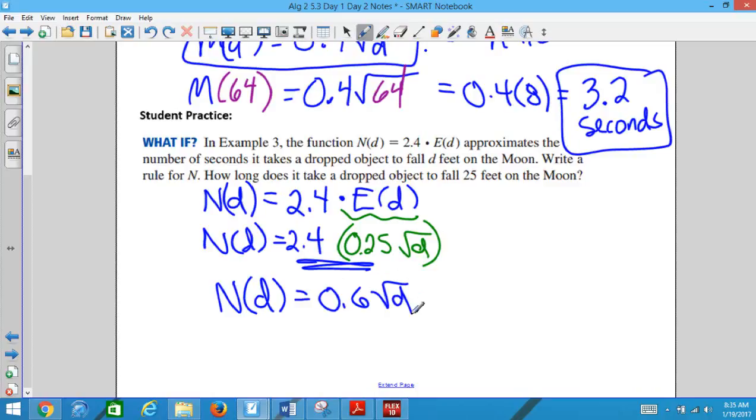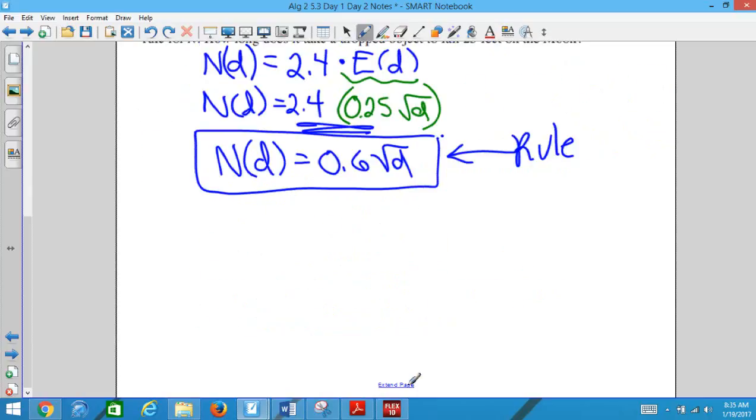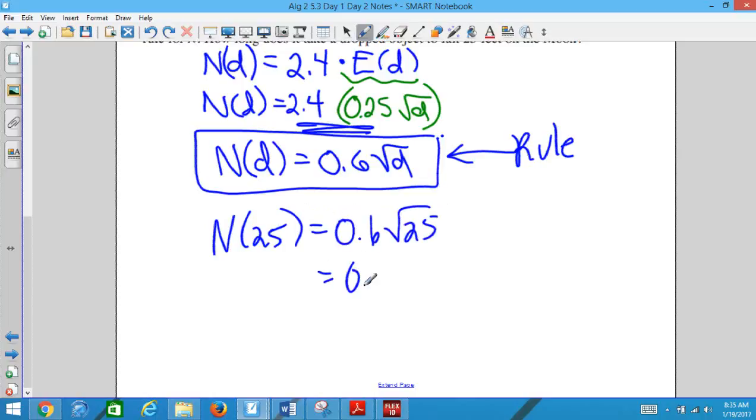So that is the rule. And after that, we're finding how many feet? 25 feet. So we do n of 25 equals 0.6 square root 25. So 0.6 times 5, which is 3 seconds.